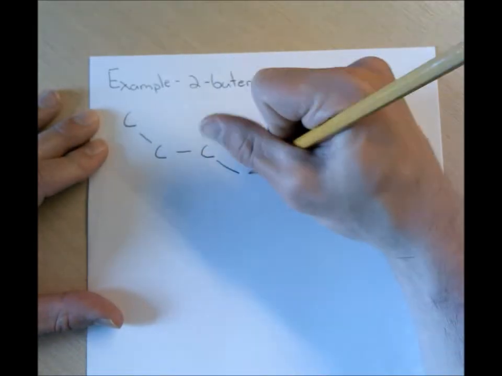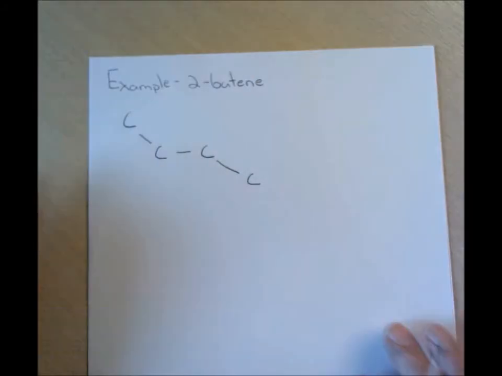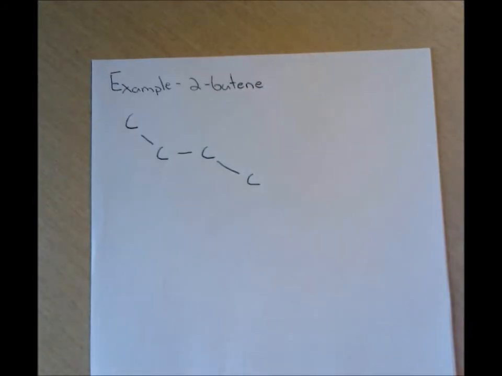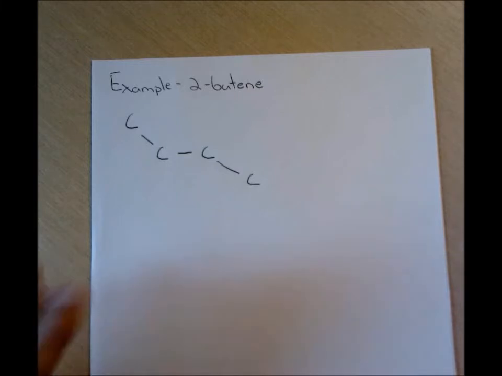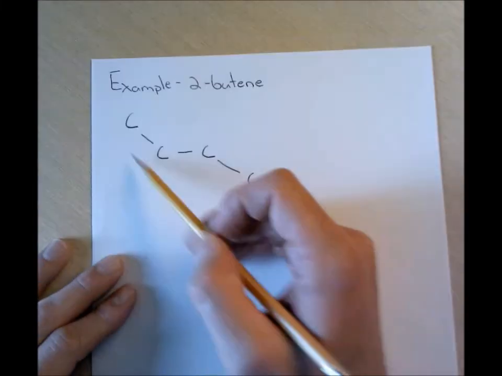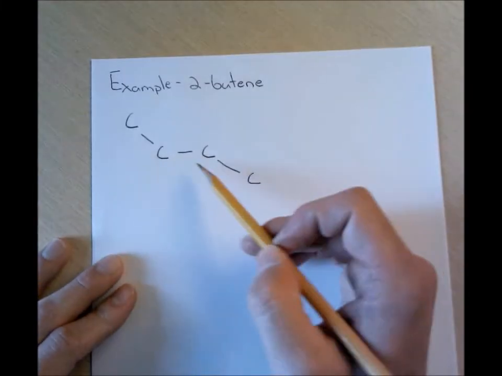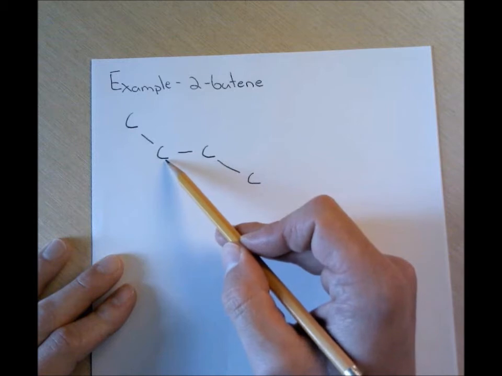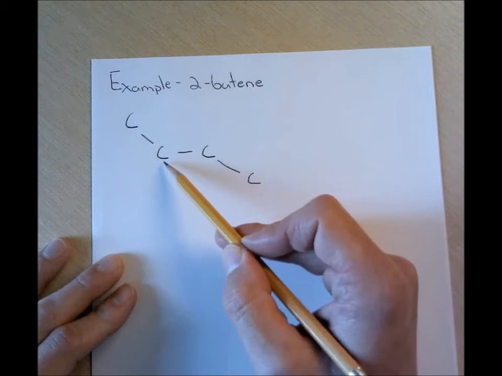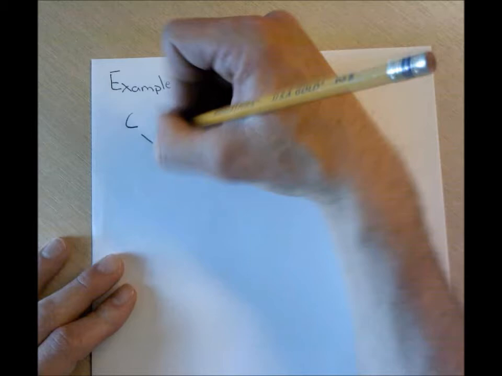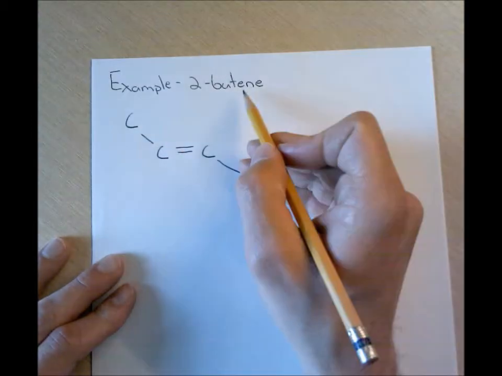And I did this in a really unique way, and here's the reason why. The other thing is, no matter which way you number it, this is always going to be carbon number 2. So that's where my double bond is going to occur. And now remember, ENE is that double bond.